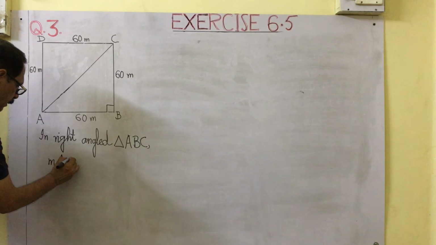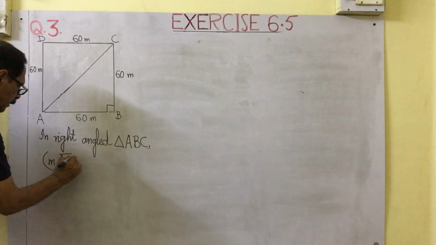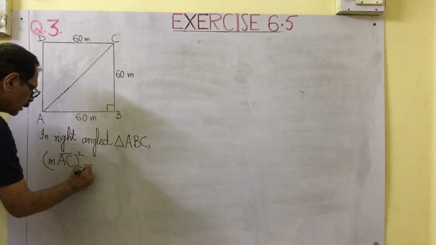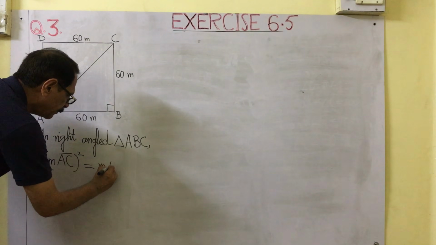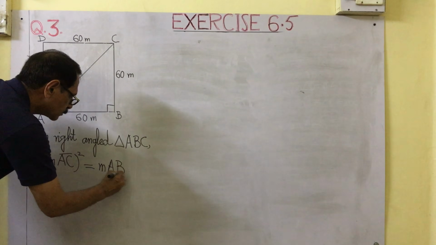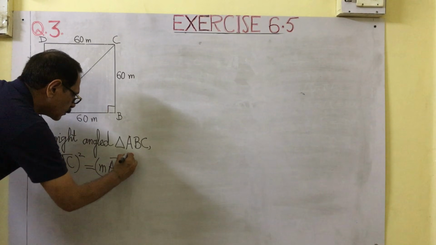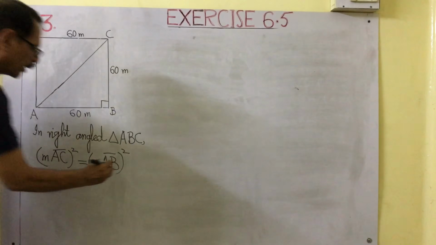In right angle triangle ABC, by Pythagoras theorem, AC square is equal to AB square plus BC square.